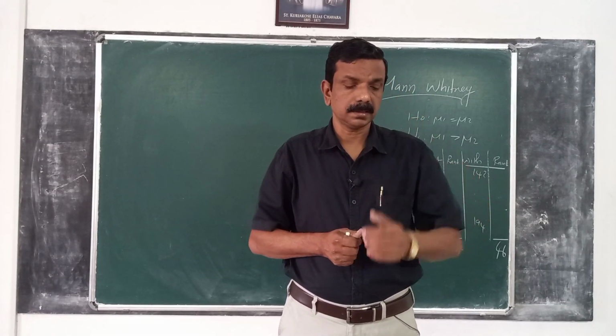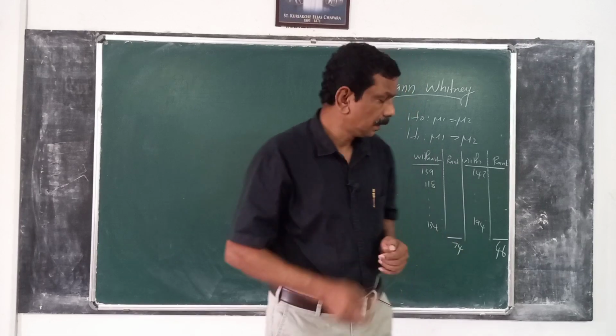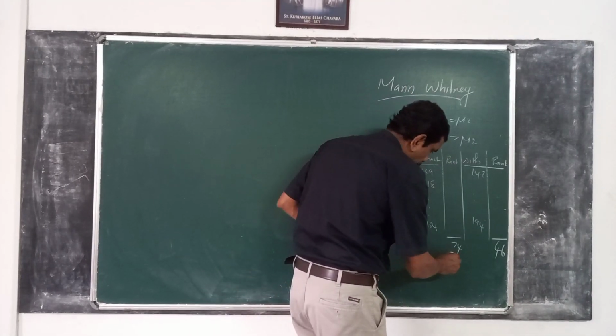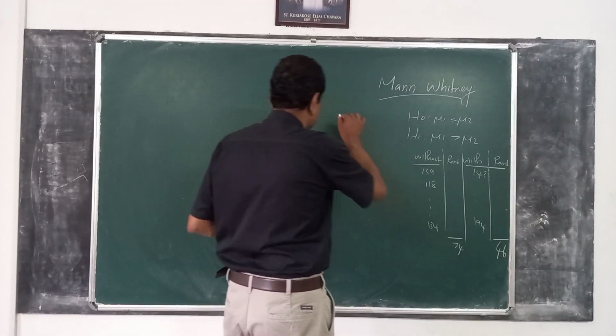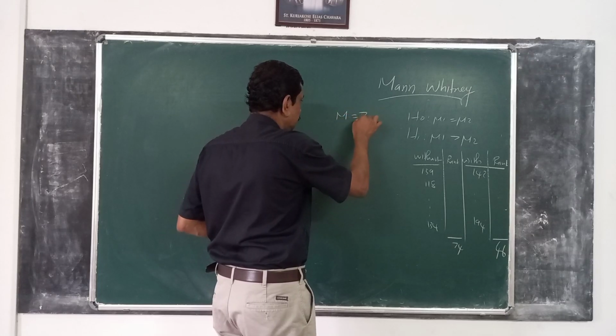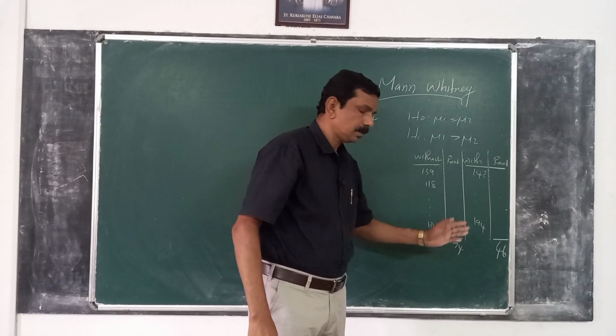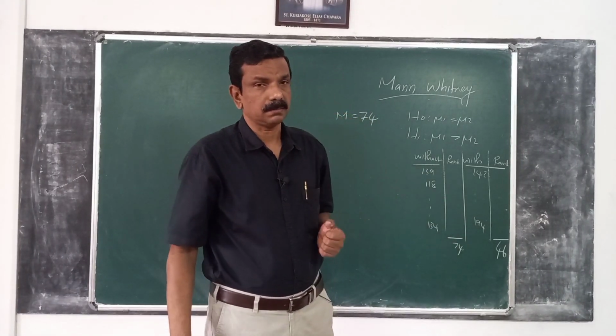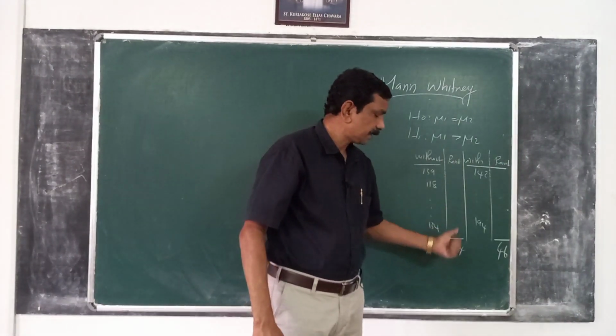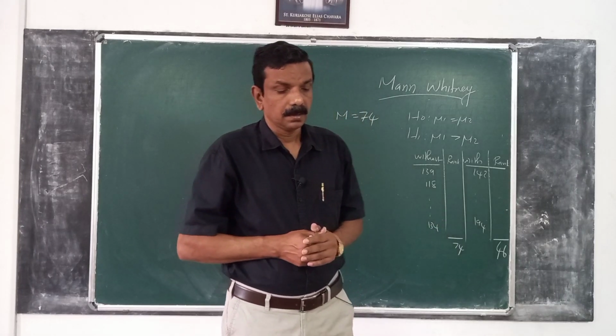In that case, H0 is rejected. And in our case, M is 74. M means the sum of ranks for employees to learn the new computer system without experience, which is 74.